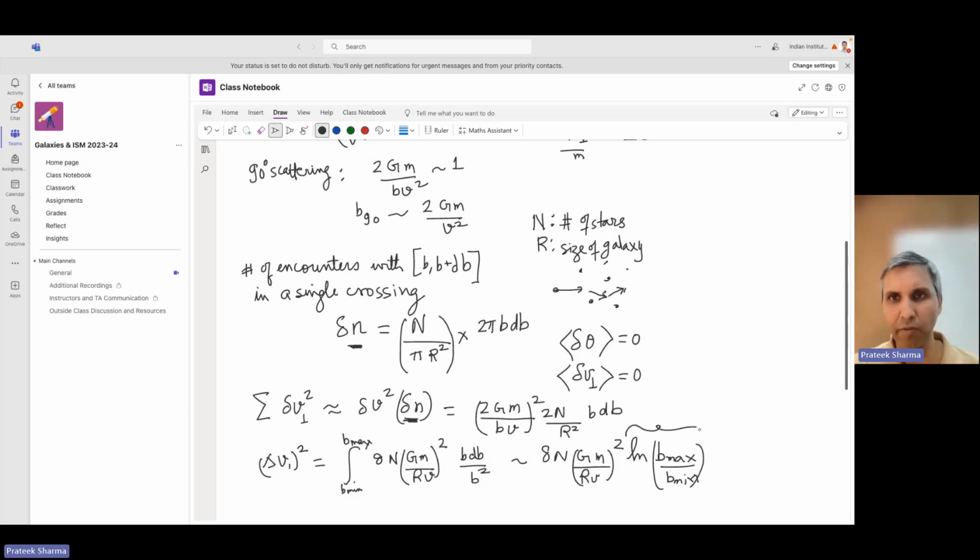This factor is called log lambda also, where lambda, this is called the Coulomb logarithm, or Coulomb factor in plasmas. It's exactly the same calculation in plasma because it's a 1 by r squared force, the same thing. So that's why it's Coulomb, who worked on electrostatics problems. But it's identical. So that's the terminology.